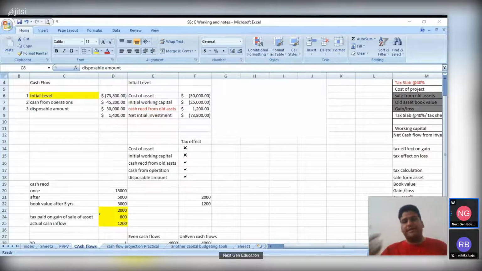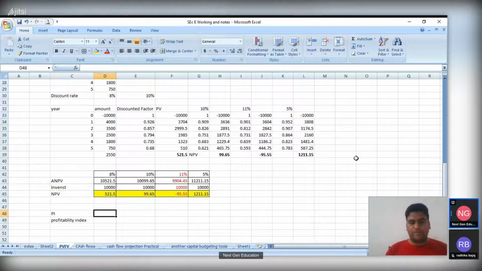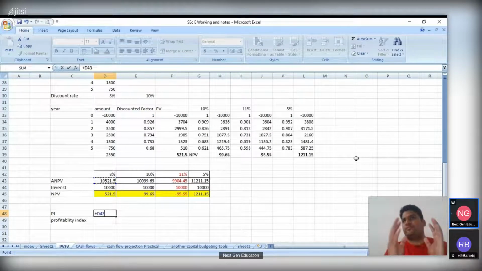Because profitability index is basically about how much you are in profit. In terms of amount, it is the NPV. But in terms of valuations, it is what we are going to do. So what is my PI here? Whatever my NPV is, that is 10,521 at the discount rate of 8%, I simply divided by my initial investments.